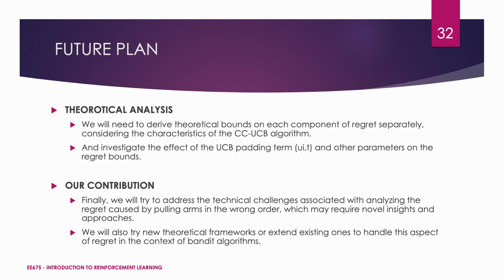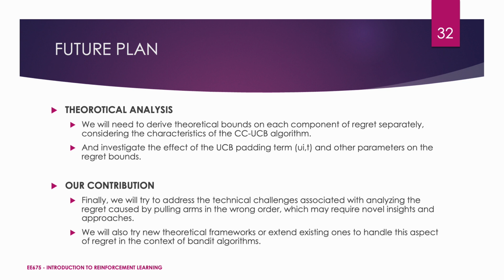Additionally, we will investigate the effect of the UCB padding term U of I,t and the other parameters on the regret bounds. Understanding how these parameters impact our regret will provide valuable insights into the algorithm and hence will increase its performance, and this will guide parameter tuning strategies.